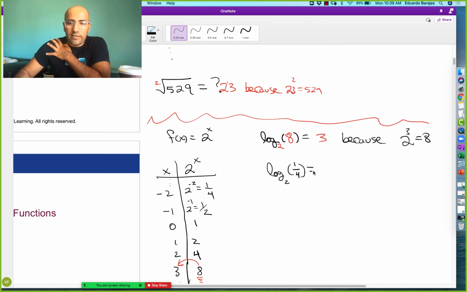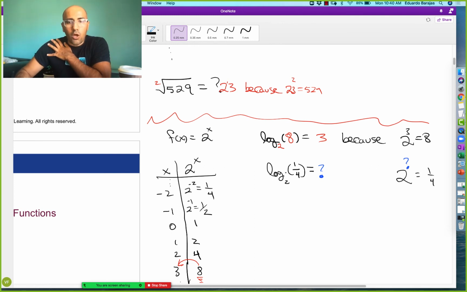So the answer to this, whatever it is, will satisfy the statement 2 to what power equals 1/4. Right, and as I keep harping, there's no way to know that answer unless you know this table here and you understand it really well, right?